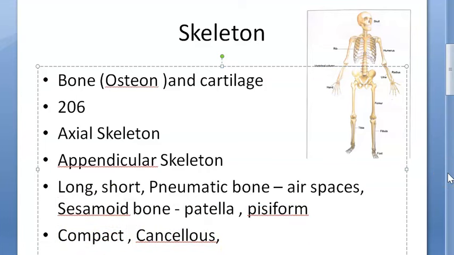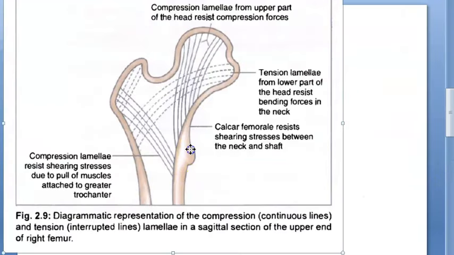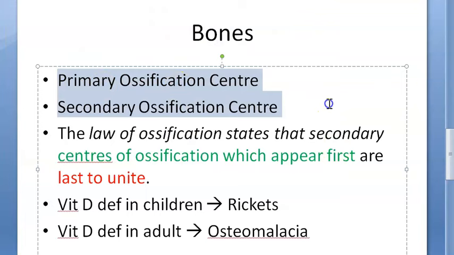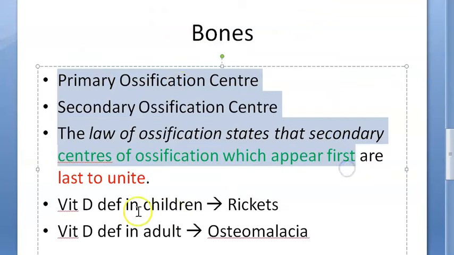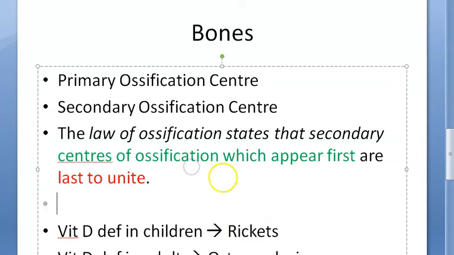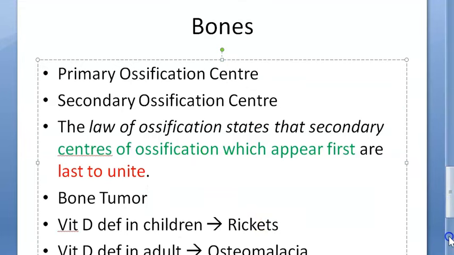You have looked at the blood supply to the bone. Then you have looked at the compression lines. Then you have looked at primary ossification center, secondary, the law of ossification, vitamin D deficiency leading to rickets in children and osteomalacia in adults. Then you saw that bones can suffer from bone tumors, osteosarcoma, Ewing sarcoma, etc.